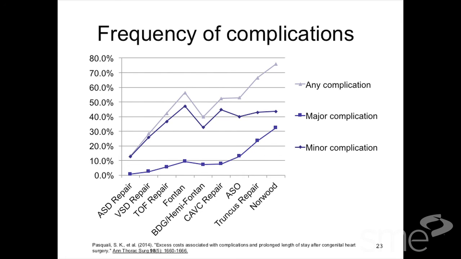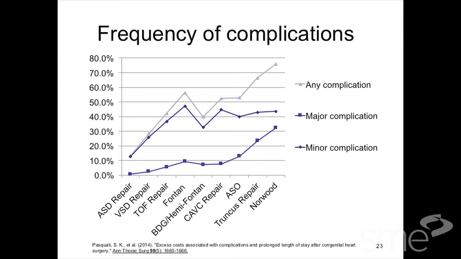When we look at the frequency of the complications, we could find a really good study of Pascali that stated for different procedures the frequency of the complications, and they vary quite a lot. If you look at it, you can see that the line is going up, and it's also in the order of what procedures are more complex.